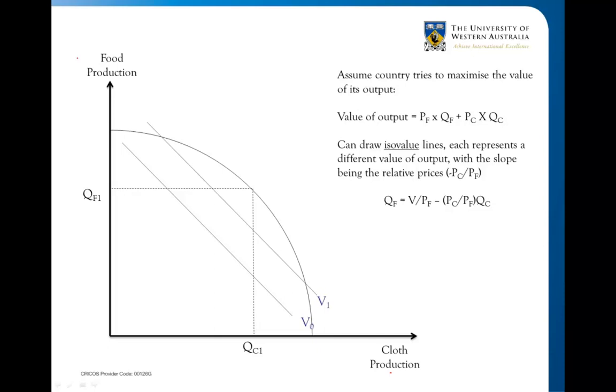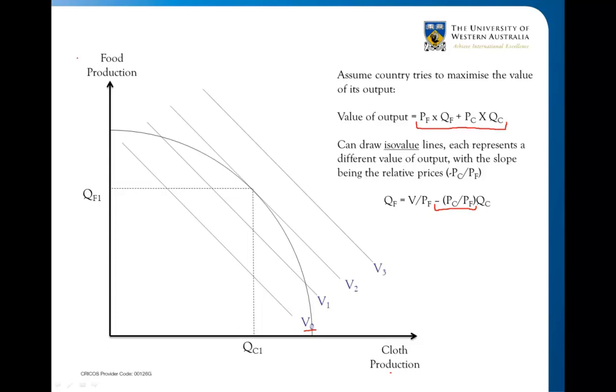Each of these iso-value lines represents a value of output, and so that's the price of food multiplied by the quantity of food being produced, plus the price of cloth multiplied by the quantity of cloth being produced. We can rearrange that to get the slope of the iso-value line, and the value of output increases as you move further out to the right, in other words, as the quantity of cloth and food increases, given a relative price, in other words, given the slope. So you can get V0, V1, V2, etc.